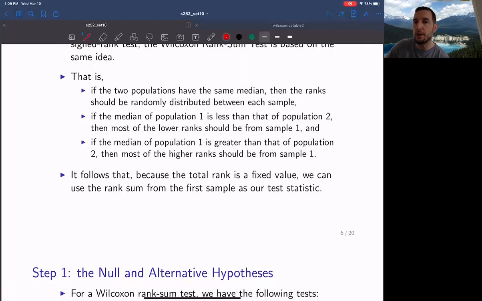If the median of population 1 is less than that of population 2, then the sum of the ranks from sample 1 should be smaller than the sum of the ranks from sample 2. And if the median of population 1 is greater than that of population 2, then the sum of the ranks from sample 1 should be greater than the sum of the ranks from sample 2. So in this sense, we have a pretty logical expectation of how we would expect the test statistic to behave in comparison to the sum of the ranks from the other sample.